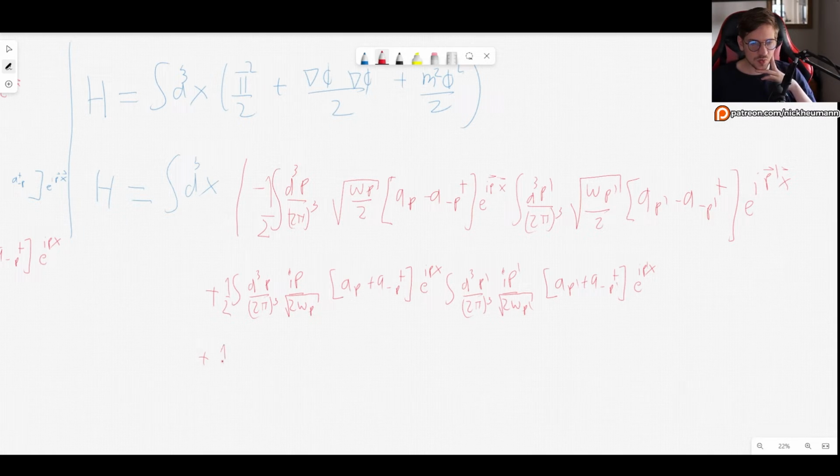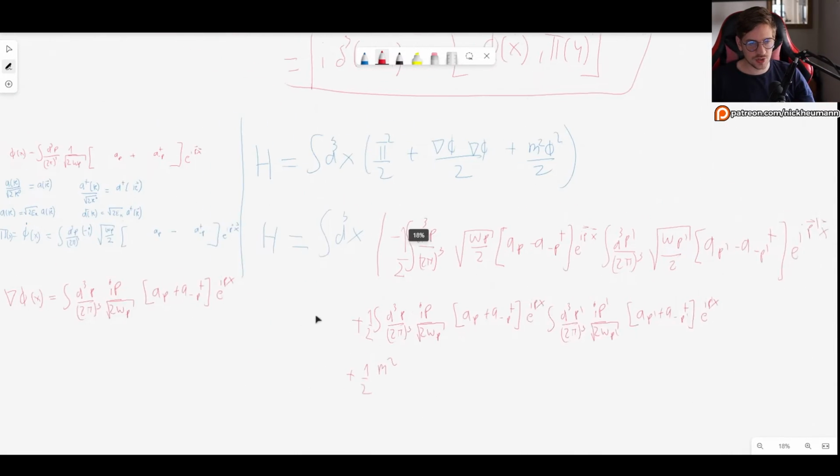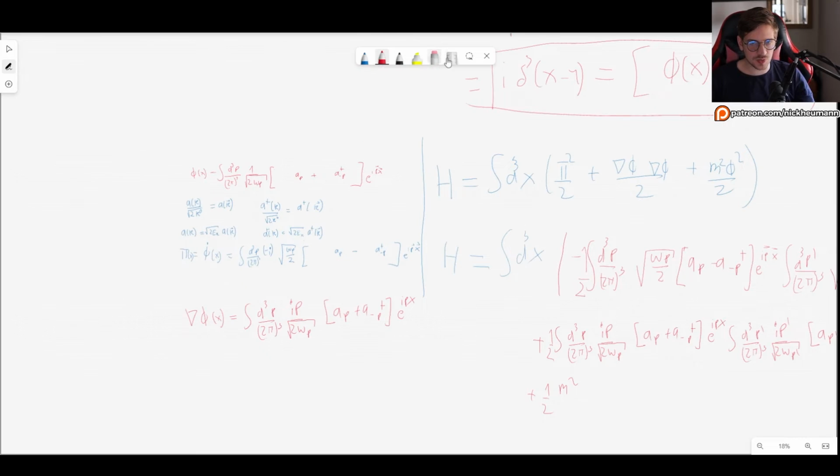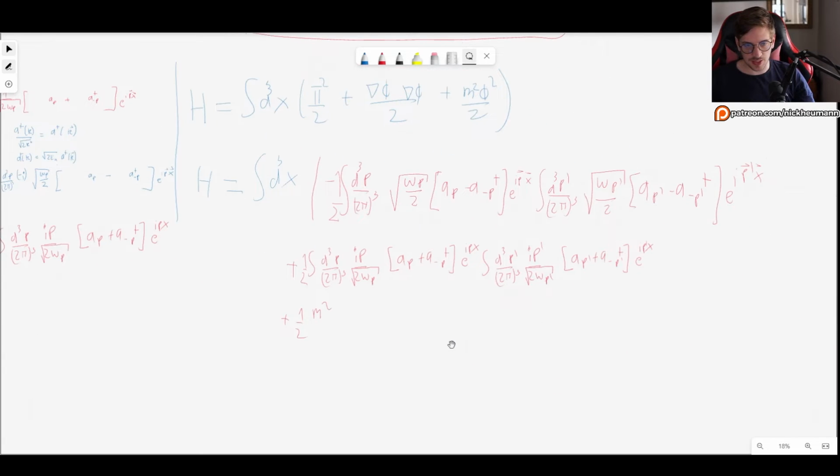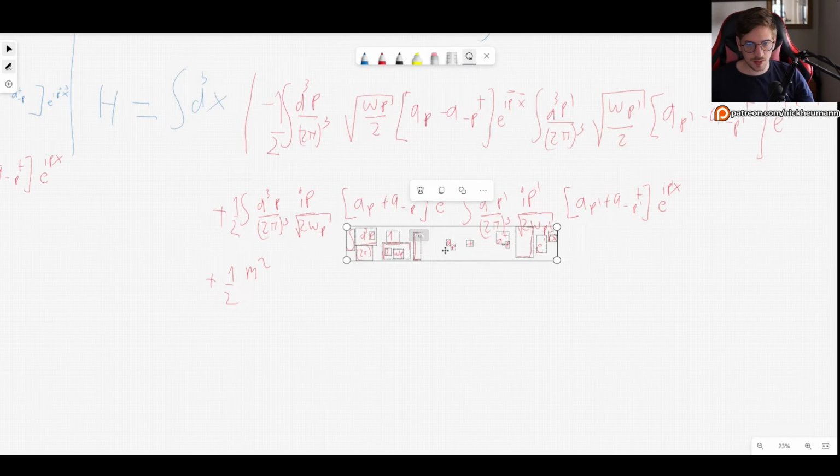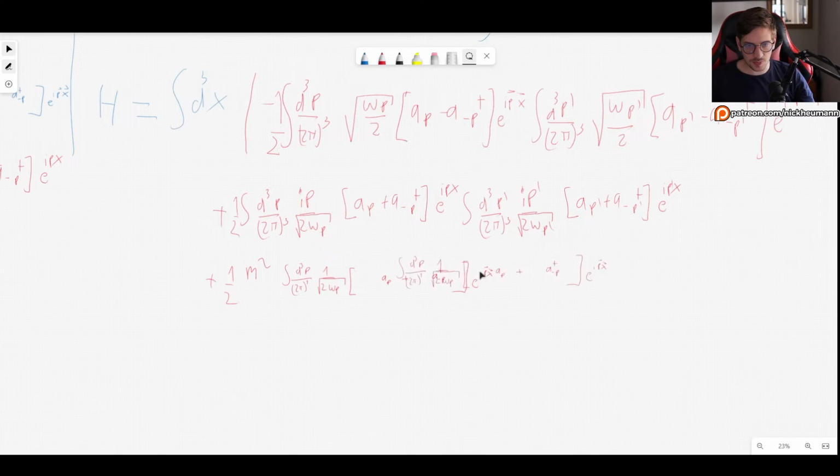And then plus 1/2 m squared of phi squared. So that just means phi squared, which is what we have right here. So this thing right here squared. So that goes in here, and again one more time there, but now we write primes. My handwriting got significantly smaller there, but okay.